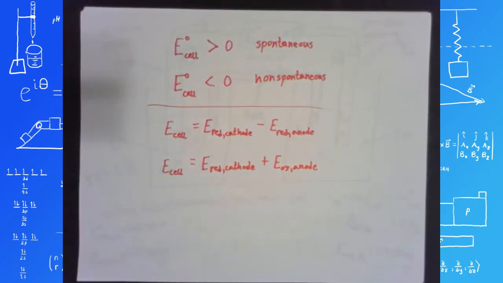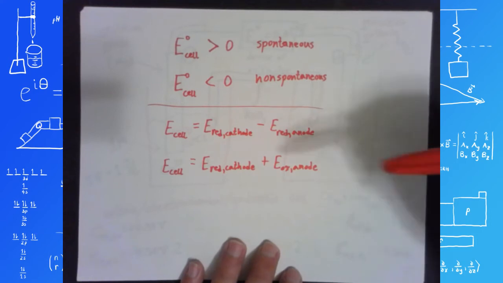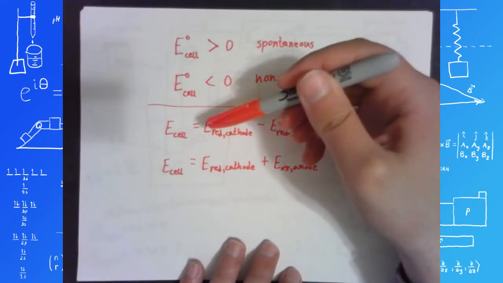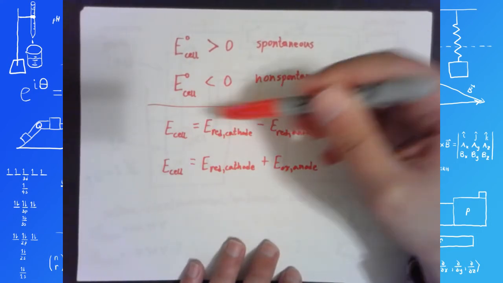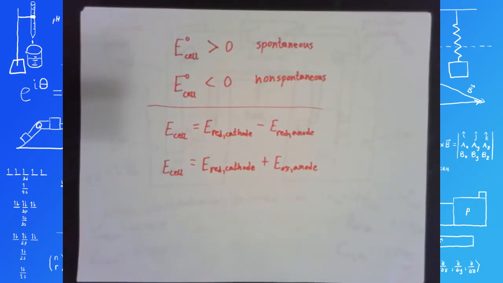So both of these equations are equivalent to each other. I like to think of it this way, but they'll teach you to memorize this version of the equation because, well, all of the potentials listed in your data tables are reduction potentials. And all the reactions that accompany them are reductions. If you want to write the oxidation reaction, you simply flip the half reaction.